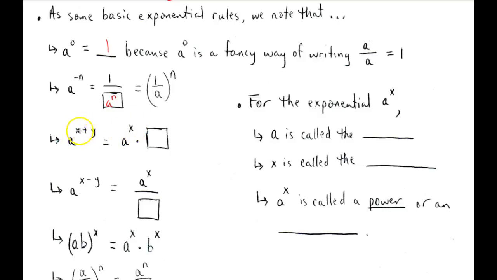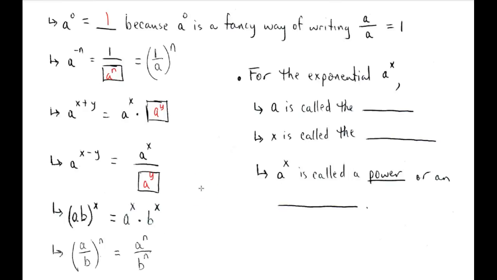Anything raised to the sum of 2 powers can be rewritten as the base raised to the power of x times the base raised to the power of y. Similarly, a raised to the x minus y will be a raised to the x divided by a raised to the y.